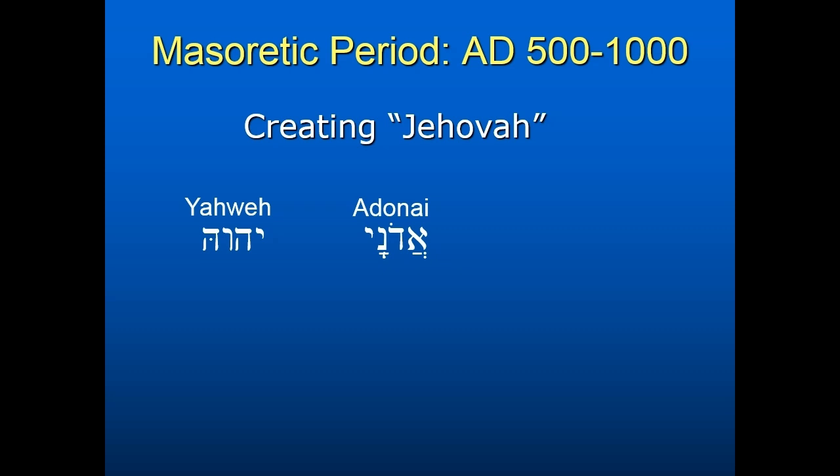It seems, then, that the scribes came up with a reminder for the reader. They would place the vowel points for Adonai under the Tetragrammaton, thus signaling him to say Adonai. Here's what we have: the 4-letter word for Yahweh, but the vowel points for Adonai. Once again, the sacred text has not been changed, but the reader should know not to say Yahweh. However, some of the earlier translators must not have realized what was going on here.